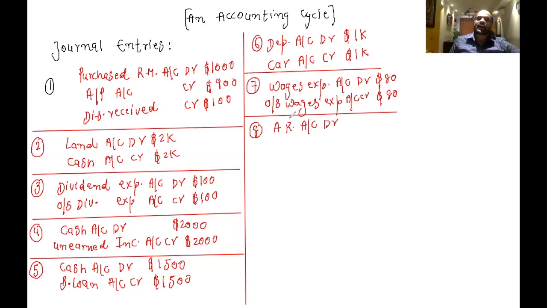But if it doesn't say the name of any person, just simply say account receivable, right? So account receivable account debit, and sales or revenue, right? Amount is 5,000.